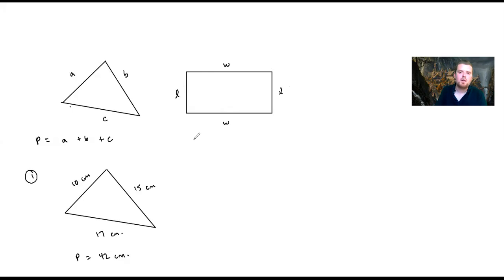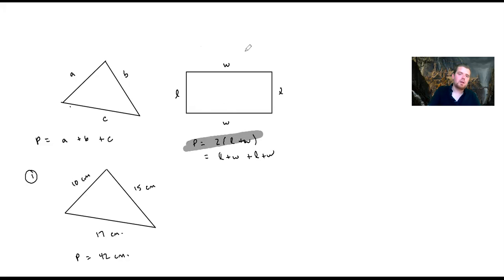The perimeter formula officially would be 2 times length plus W, which is just saying you're adding up 4 sides, but 2 sides are the same. Length and length are the same, width and width are the same. You would get the same thing by just taking L plus W plus L plus W. Again, my recommendation: don't waste the brain power trying to remember that perimeter formula. You can if you'd like, it's not necessary.